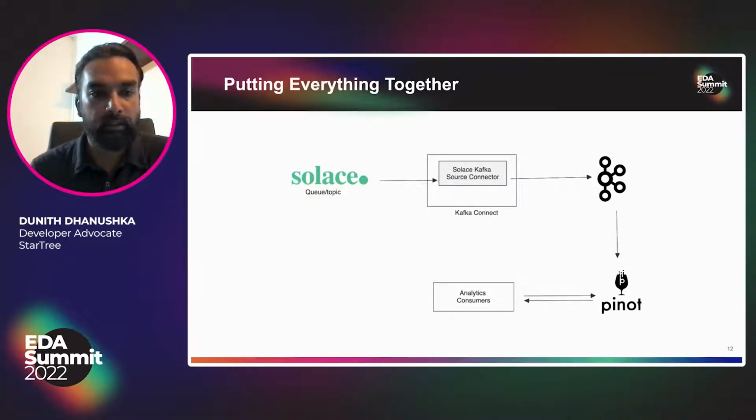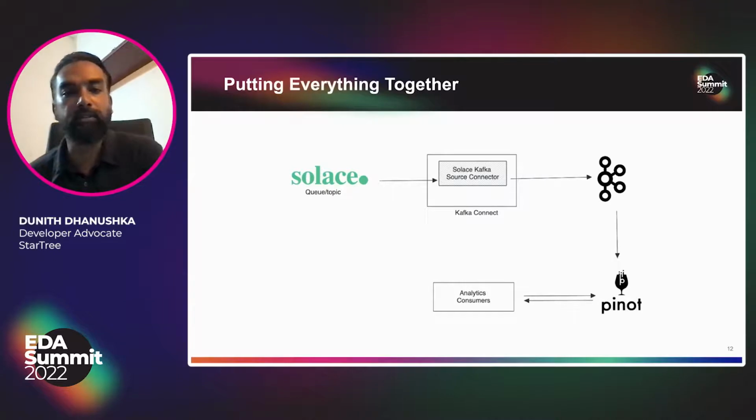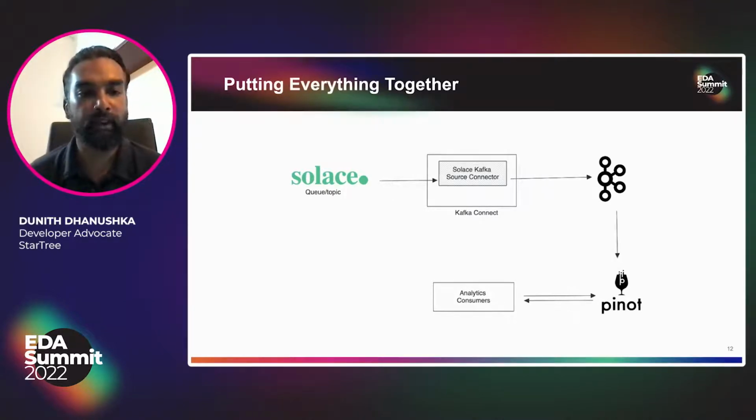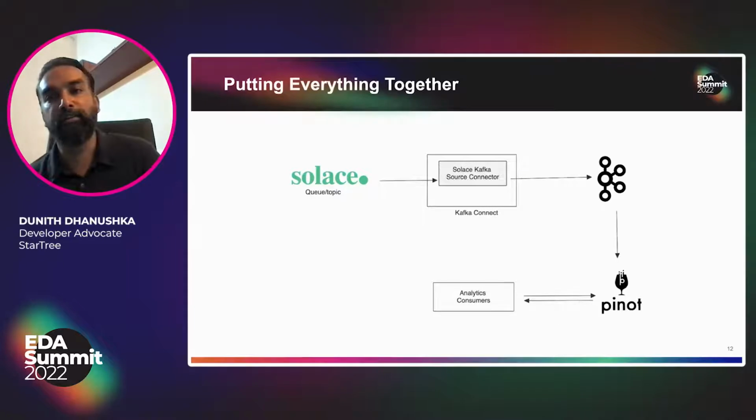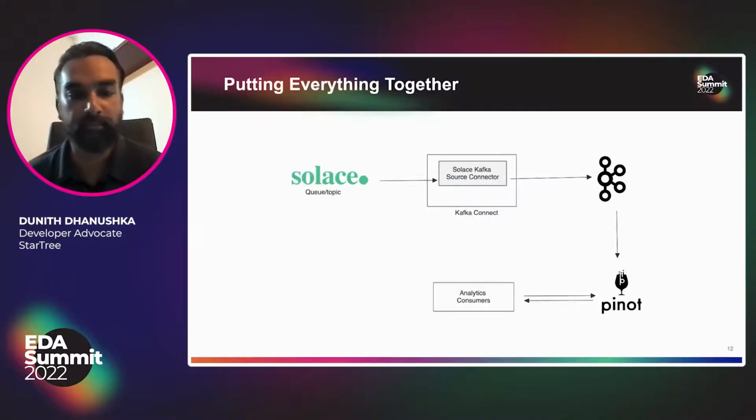Everything starts from the left side in Solace. In Solace, you have a queue or topic receiving events from event producers. Solace is the primary interface where you interface with event producers all across the world. It can be the internet or an internal network or anywhere.